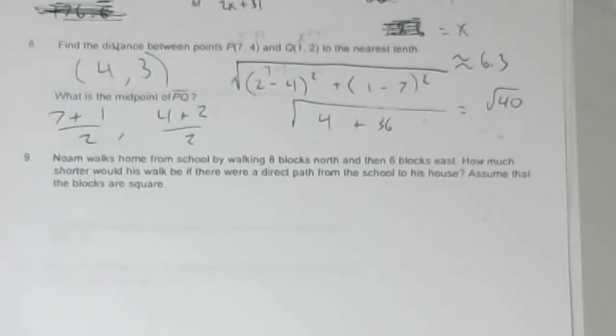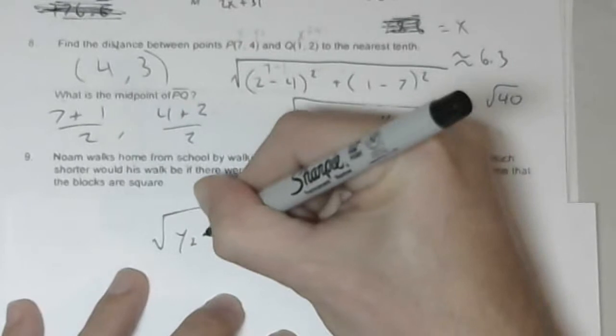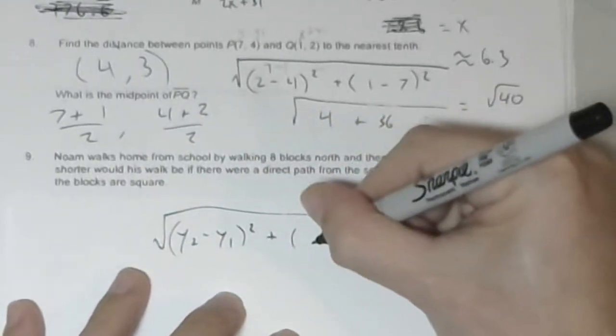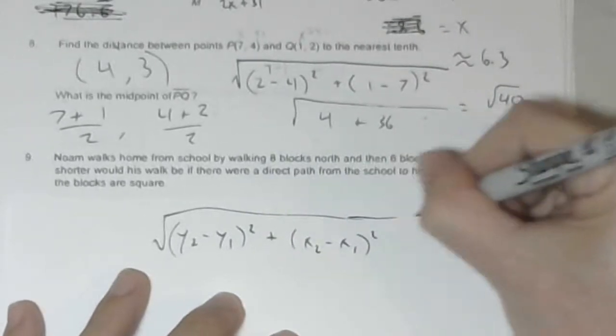We have a distance formula. Distance formula is square root of the quantity, y2 minus y1, all squared, plus x2 minus x1, all squared.